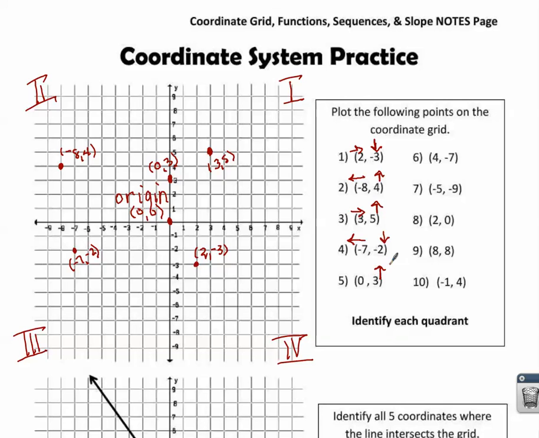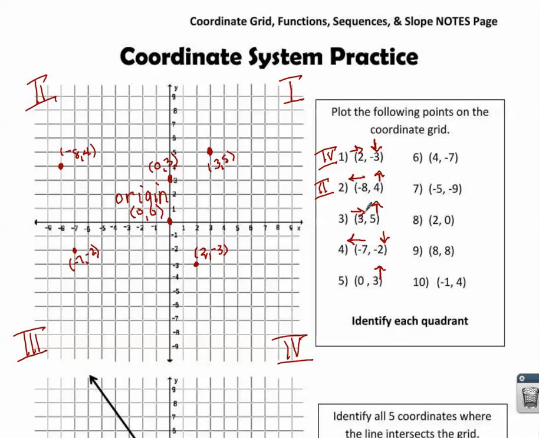So let's identify each quadrant for 1 through 5. Number 1, (2, -3), that was in quadrant 4. Number 2, where it was (-8, 4), that's in quadrant 2.